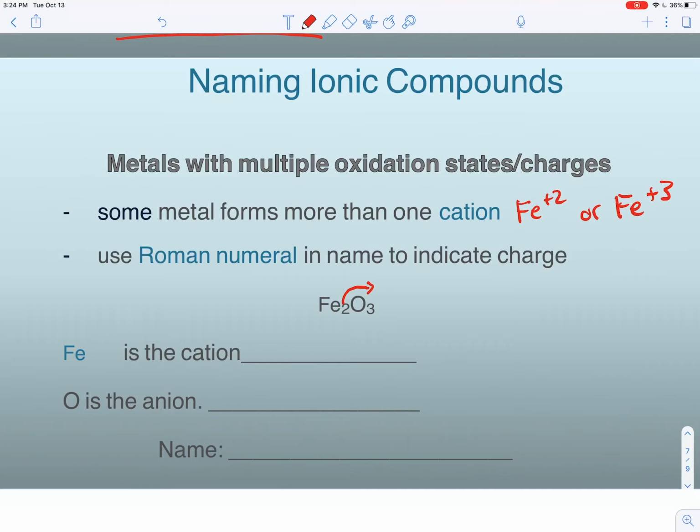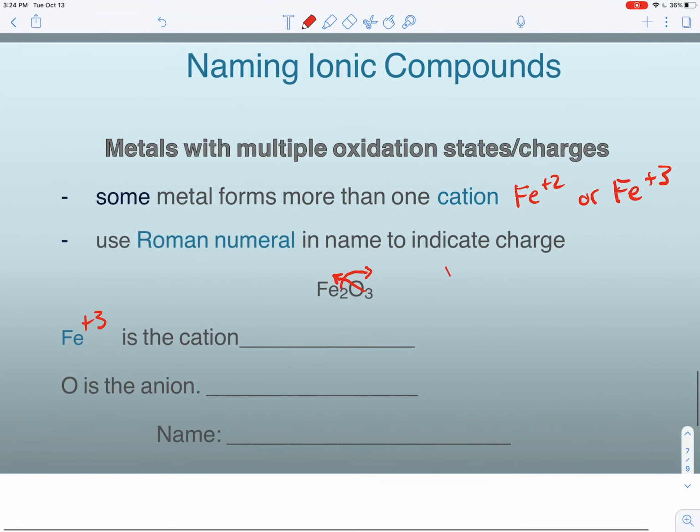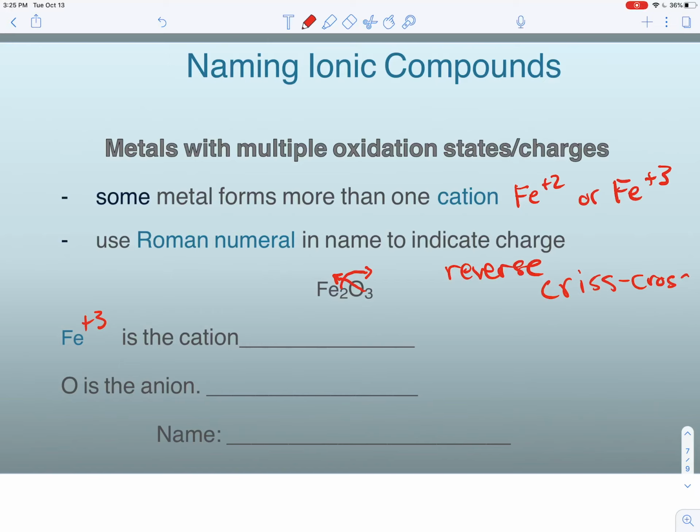So here, if I work backwards, that shows me that oxygen has a -2 charge, and if this 3 goes up here, that tells me that I'm working with iron +3. So here, basically what I did was a reverse crisscross.